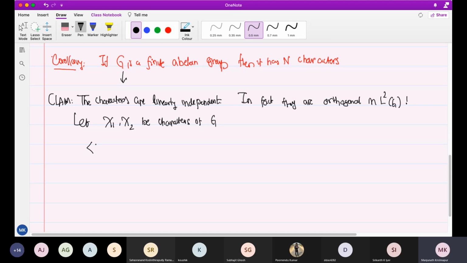So let's take a single character first. Let me make a small observation. Let chi be a character. If you add it over all the elements of the group, what do I get?